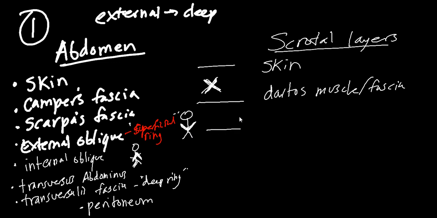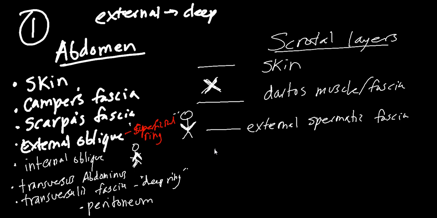Next, you've got the external oblique muscle and fascial layer. This is going to give rise to the external spermatic fascia. This can also be called the superficial spermatic fascia, so be careful on the terminology, but it's going to give rise to your external spermatic fascia.